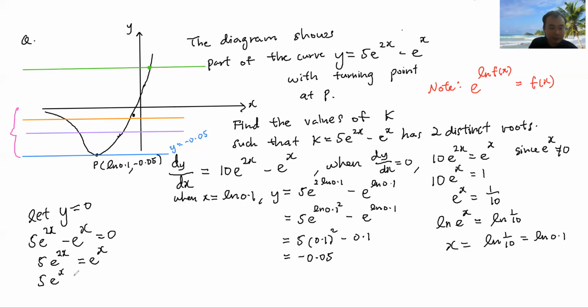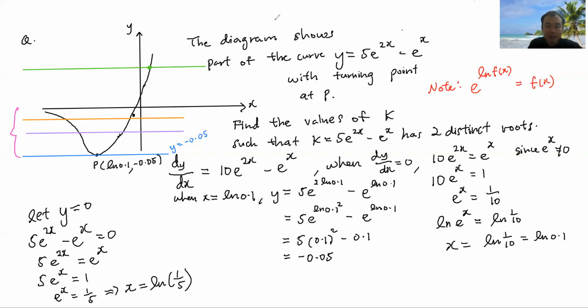So 5e to the power of x equals 1. e to the power of x equals 1 over 5. Taking logarithms on both sides, we get x equals ln of 1 over 5. So it shows that when y is 0, there will only be one intersection. So I cannot let y be 0. But anything that is between 0 and negative 0.05, I will have two intersections.